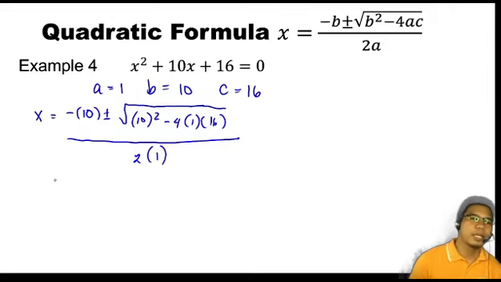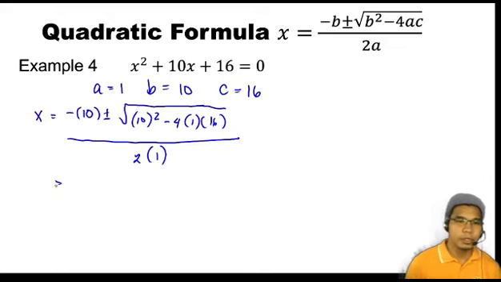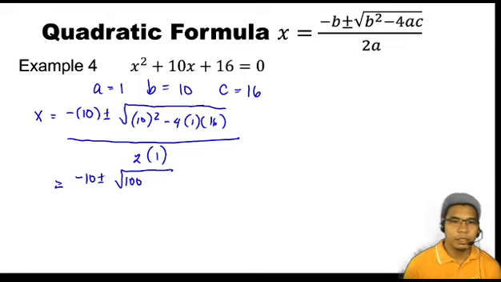And then proceed tayo sa simplification. Negative times 10 is negative 10, plus and minus square root of 10 squared is 100 minus 4 times 16. So we have 64 all over 2 times 1, that is 2.